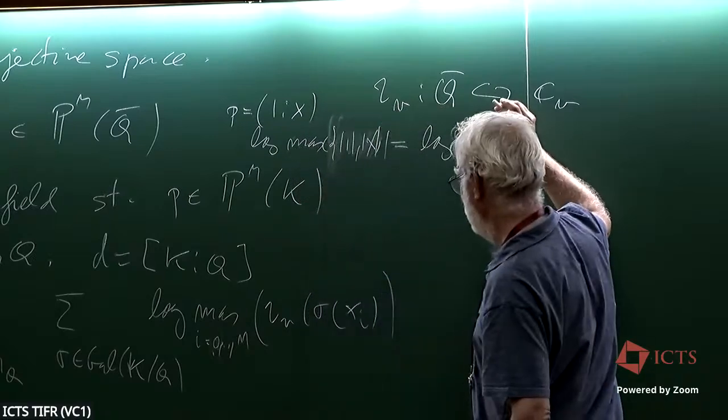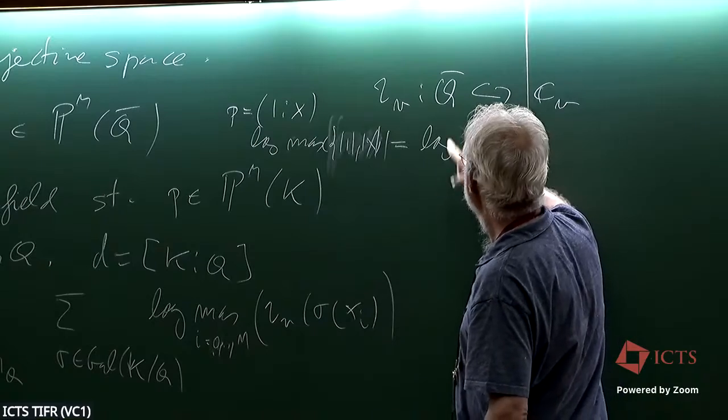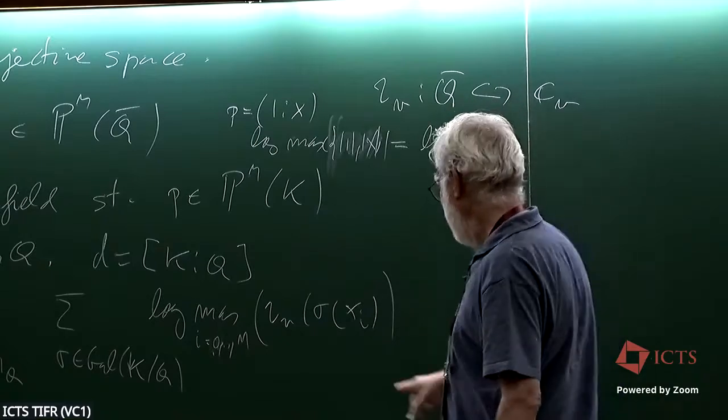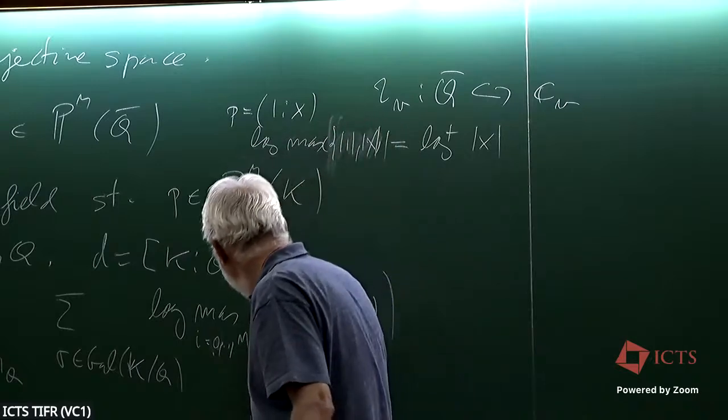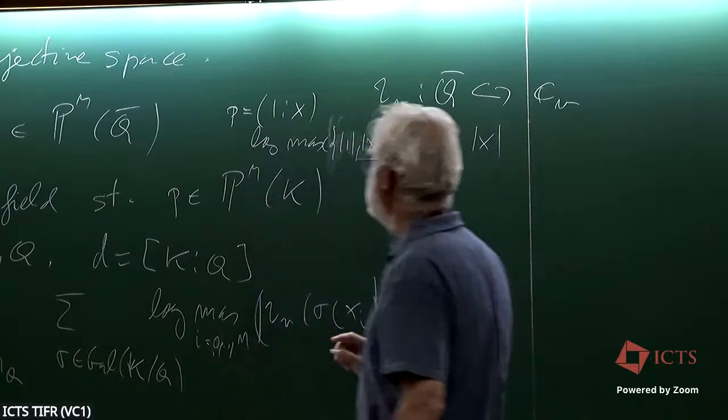This will be log plus of the absolute value of x. And here I need to add the b-adic absolute value here.